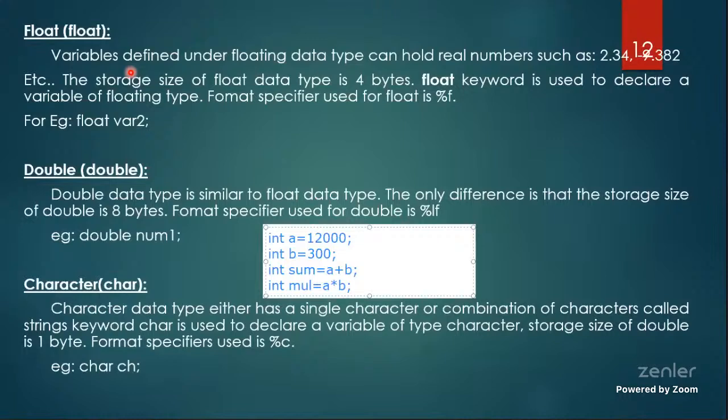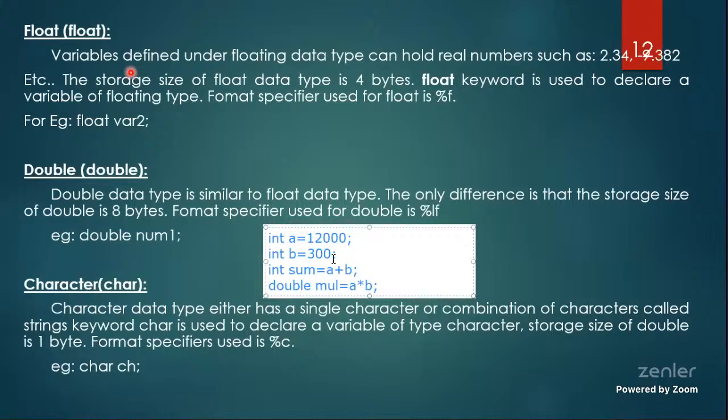Why no? Because the result that a into b generates, 12,000 into 300, is a big number, and that won't be stored under the variable int. In this case, you can make it double. Got it? If you try to store more than 32,768, it is not possible in the integer.